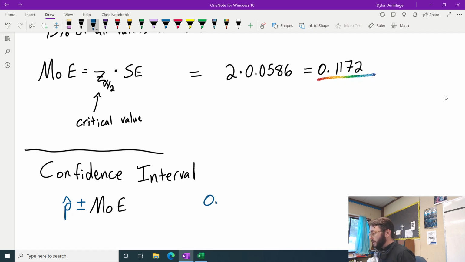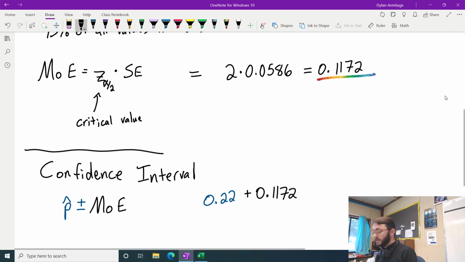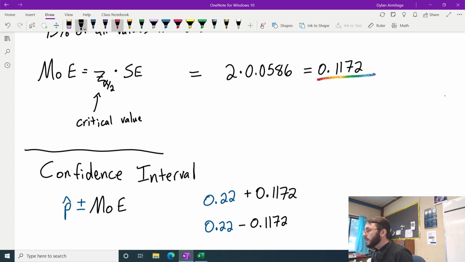Okay. So in my case, my proportion, my p hat was 0.22. And I'm going to add to that my margin of error. And I am also going to subtract my margin of error. So 0.22 minus 0.1172. And I'll go ahead and label these as upper and lower.